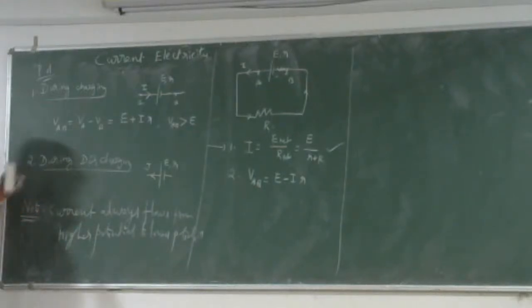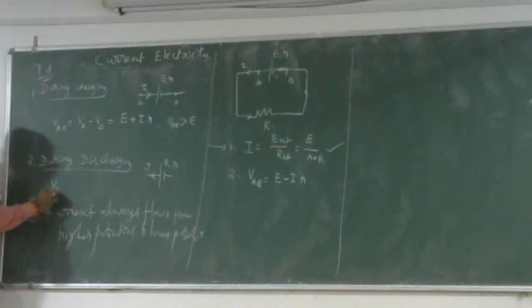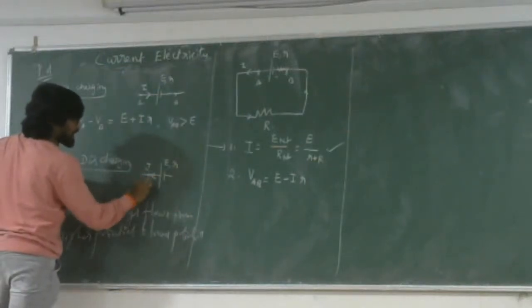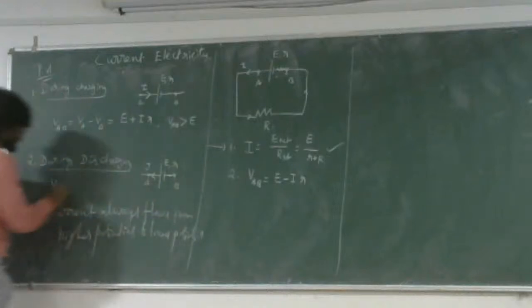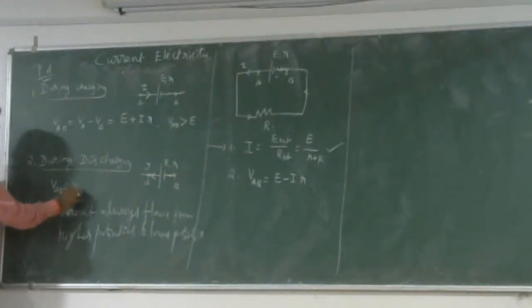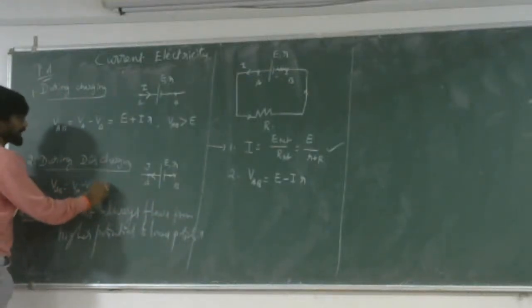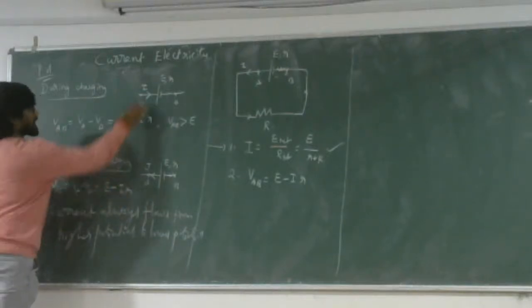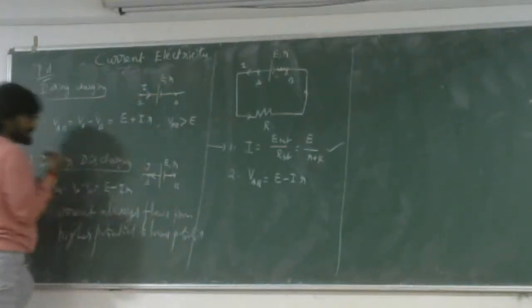Whereas in case of discharging, we take this as A and this as B, VAB is equal to VA minus VB, which is E minus Ir. Here the current I is entering at one terminal and going out at the other.